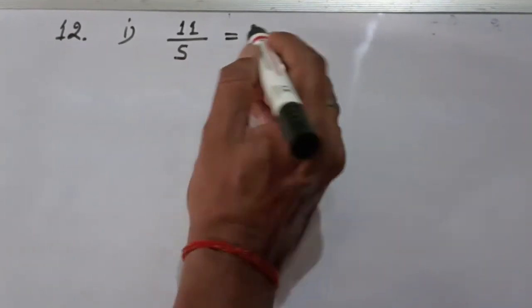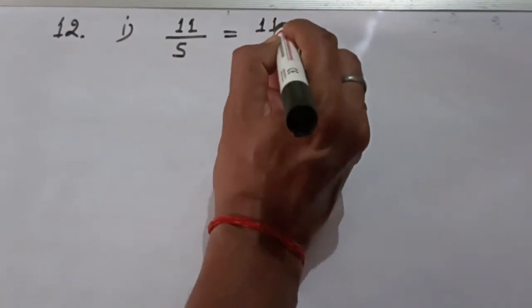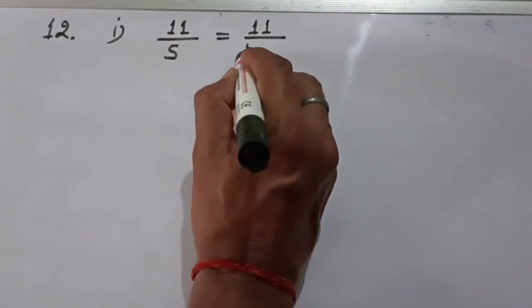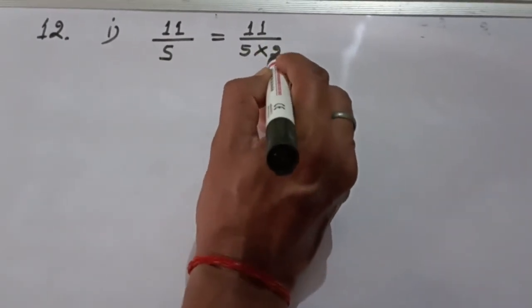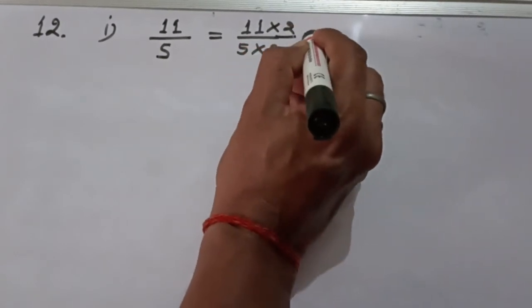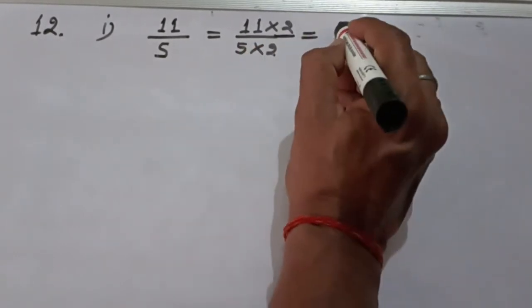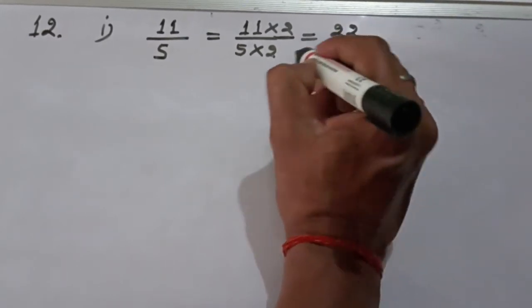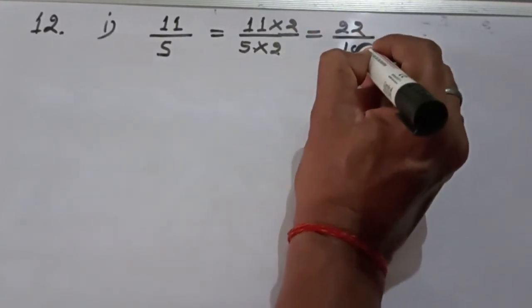So you can multiply it. 5 can be multiplied by 2, 5 twos are 10. Here also 11 twos are 22. So it is 22 upon 10.